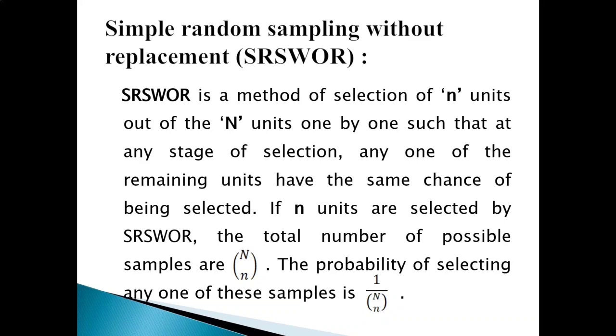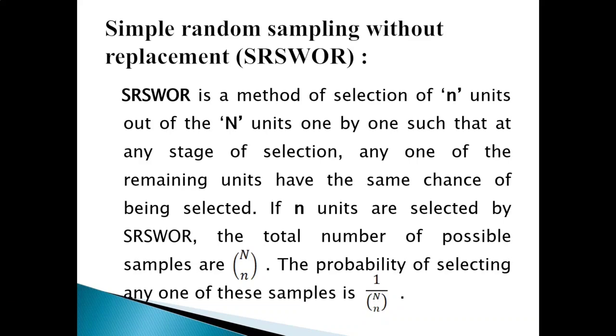If small n units are selected by simple random sampling without replacement, the total number of possible samples is NCn. Here C stands for combination, a term we have covered in higher secondary, permutation and combination.